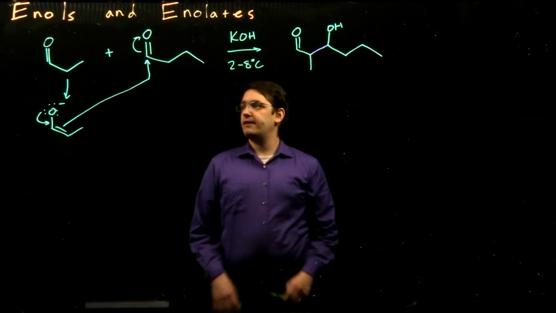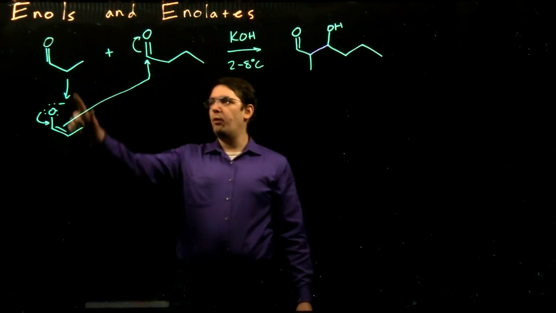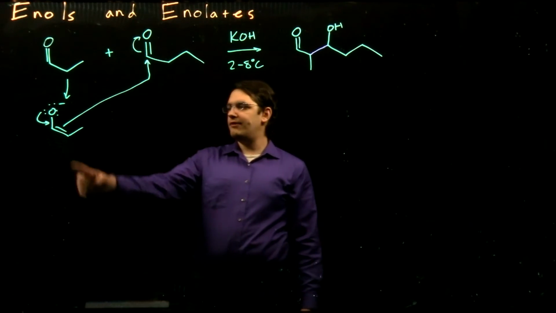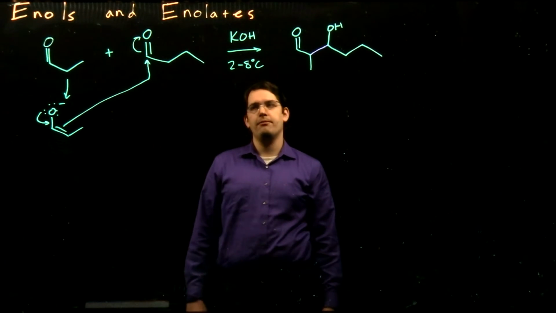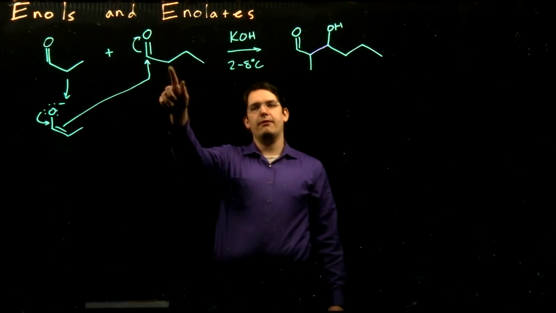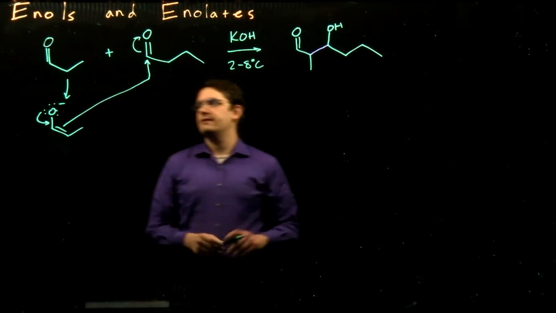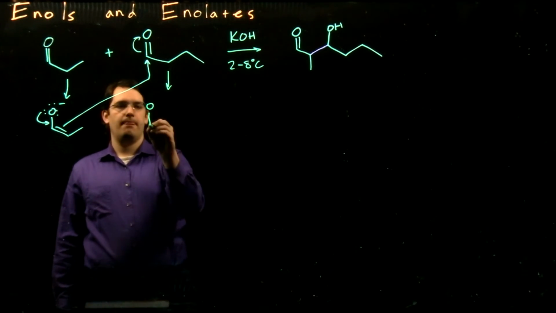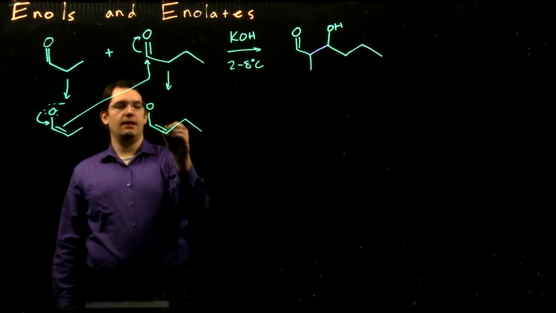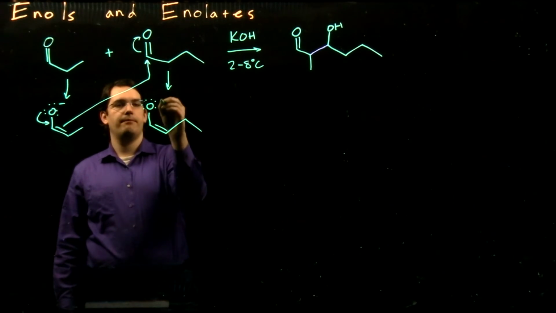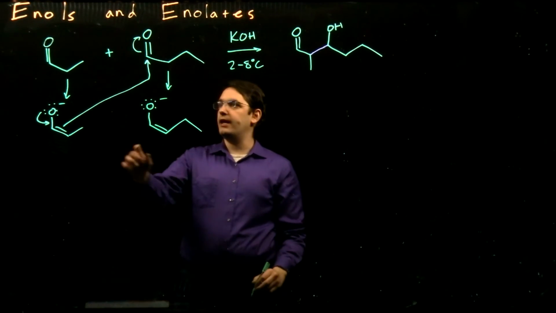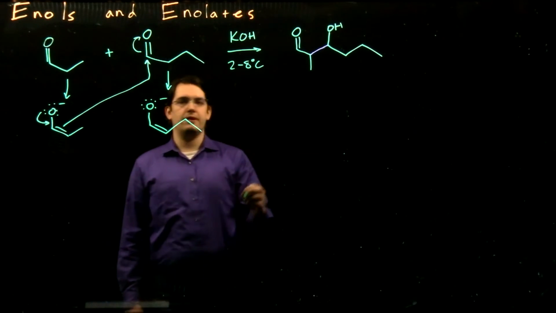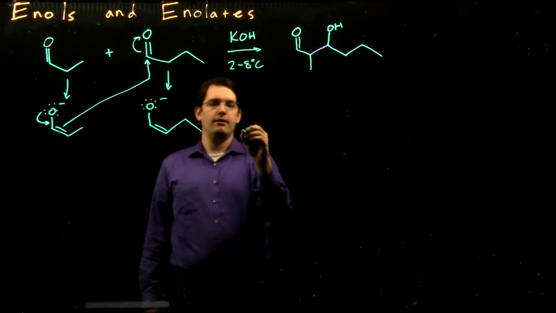However, you might ask, how did I decide where to make my enolate? So I kind of arbitrarily decided to make it here, but I could also make it right here, right? So I formed that enolate, but I could also form this enolate here, right? And then this enolate could attack that molecule, and that would lead to an entirely different product, right?